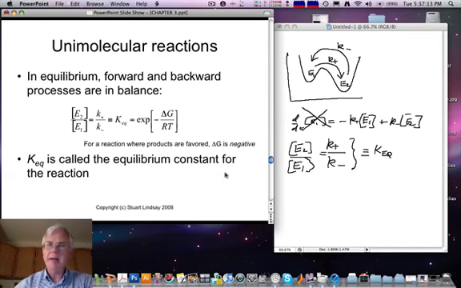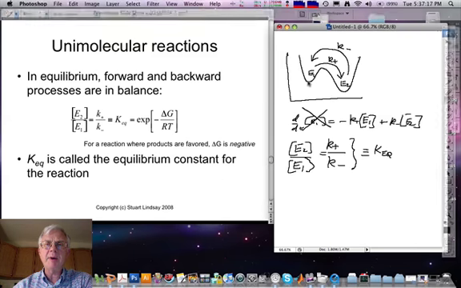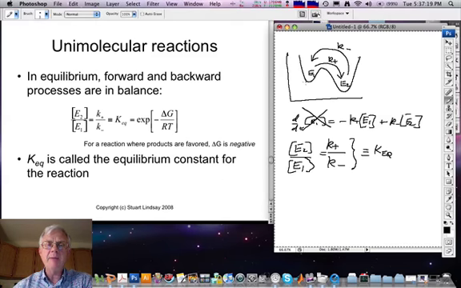Recognizing that in equilibrium the ratio of populations of these states will be given by a Boltzmann factor, as controlled in equilibrium now by this difference in free energy between the reactants and products, we can write that K equilibrium is equal to e to the minus delta G over RT.